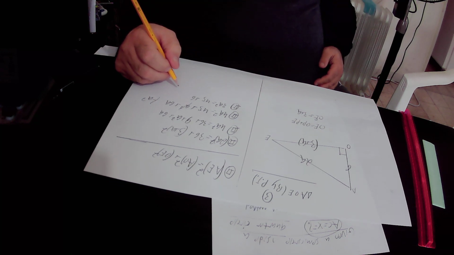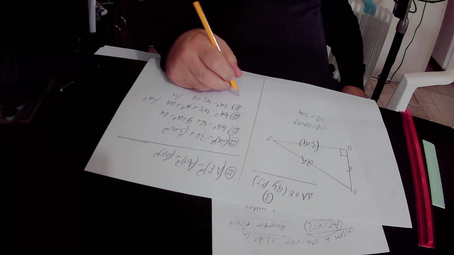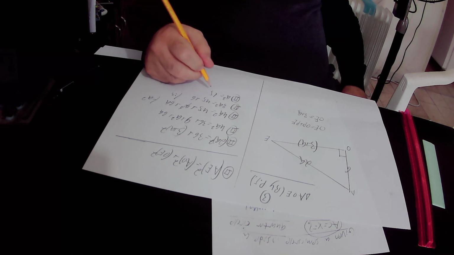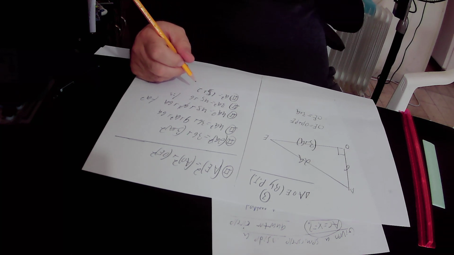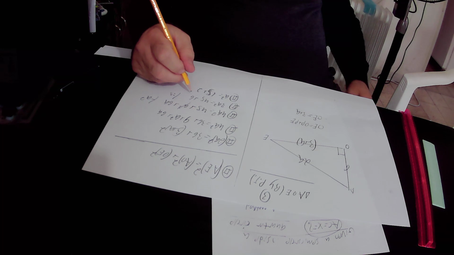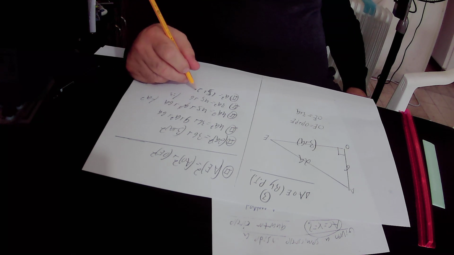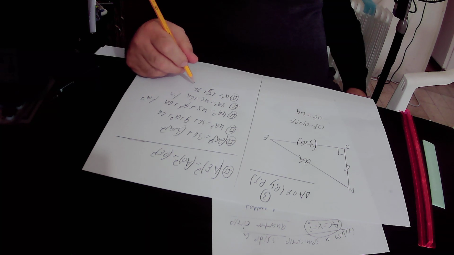We will divide this equation by 3, and we get that a squared equals 15 plus 6a over 3, that is 2a.